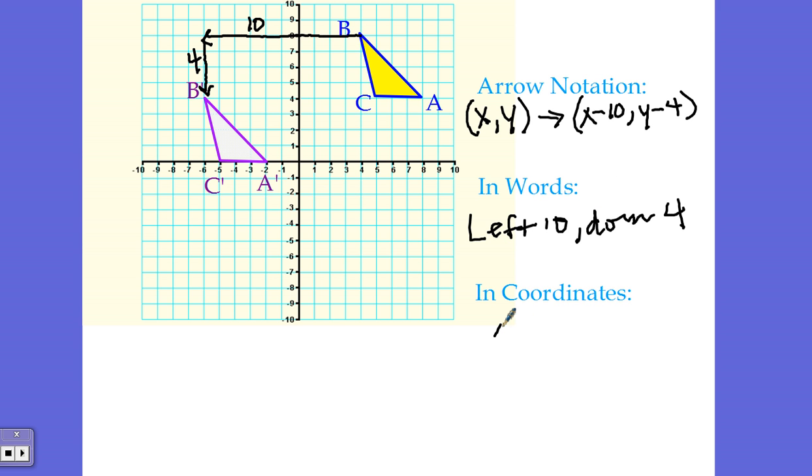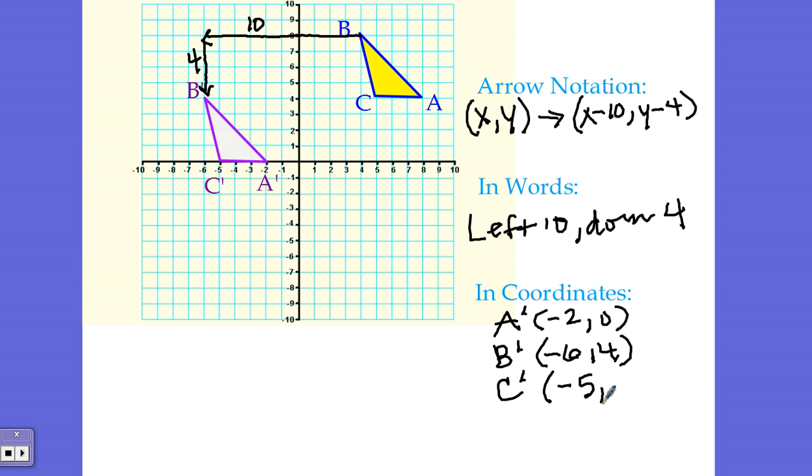And finally, in coordinates, A prime is now at negative 2, 0. B prime is now at negative 6, 4. And C prime is now at negative 5, 0. Remember, that means from the origin we went left 5, up 0.